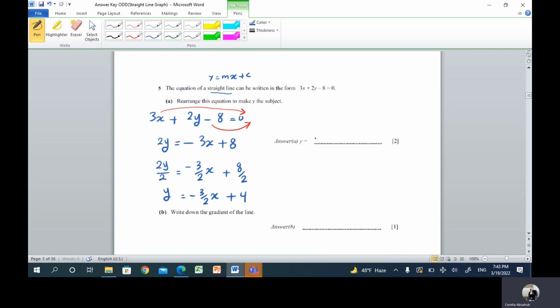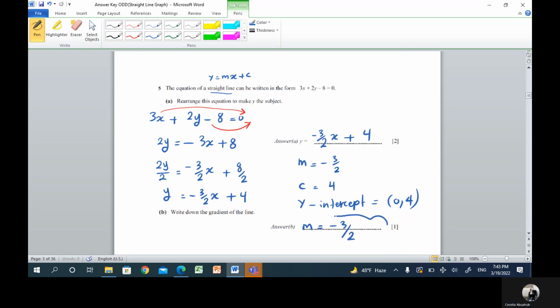Accordingly, m is the coefficient of x, which is negative 3 over 2, and c is equal to 4. So the y-intercept is equal to 0, c, which is 0, 4. Okay, write down the gradient. We already answered this. So m is equal to negative 3 over 2.